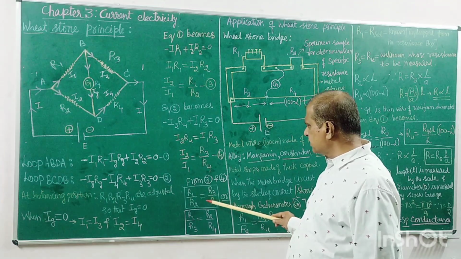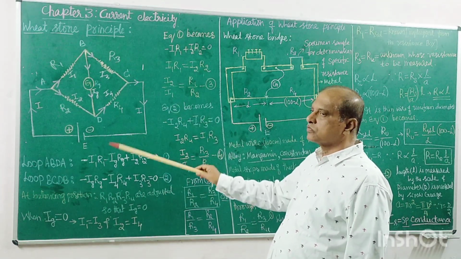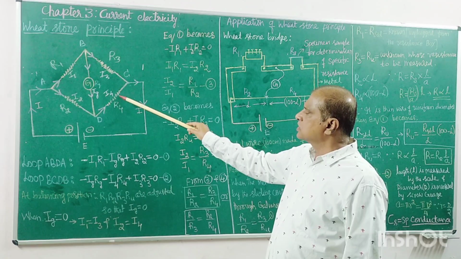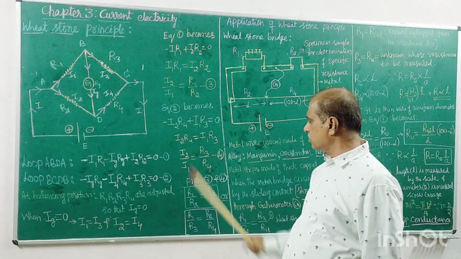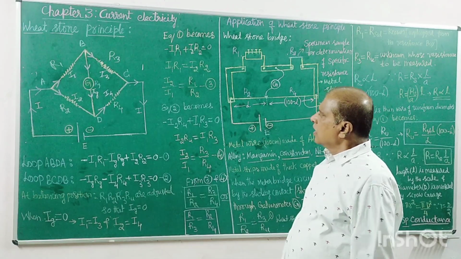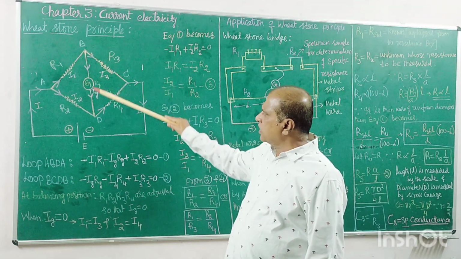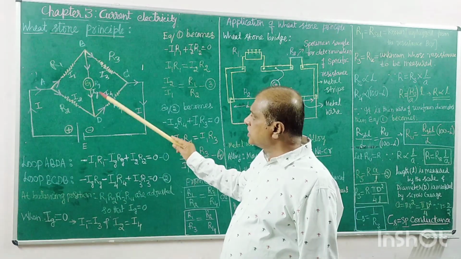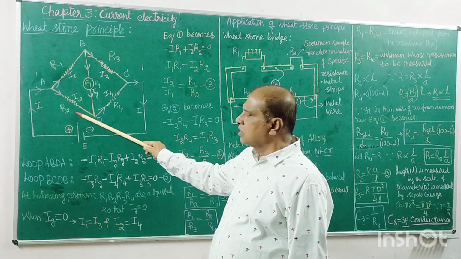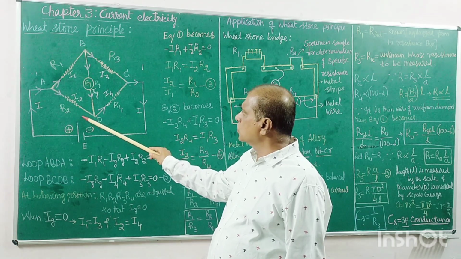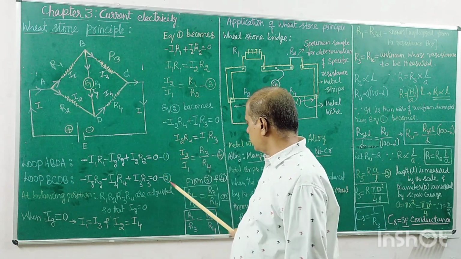So this is the Wheatstone principle for this circuit. What is the circuit? Four resistors in a quadrilateral fashion. That means at the balancing position, when no current is flowing through this conductor, the ratio of the resistances R1 by R2 is exactly equal to the ratio of these two resistances, R3 by R4.